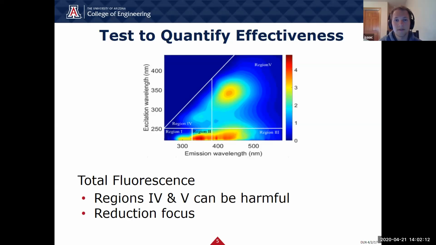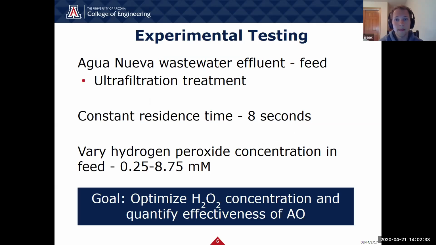The values in regions 4 and 5 are taken as an integral. Think of this as a three-dimensional curve where you integrate underneath, and then you can take this value from before and after treatment. This gives you a percent reduction. It's not quantifiable in terms of concentration, but it gives you a picture of how well this system is operating.